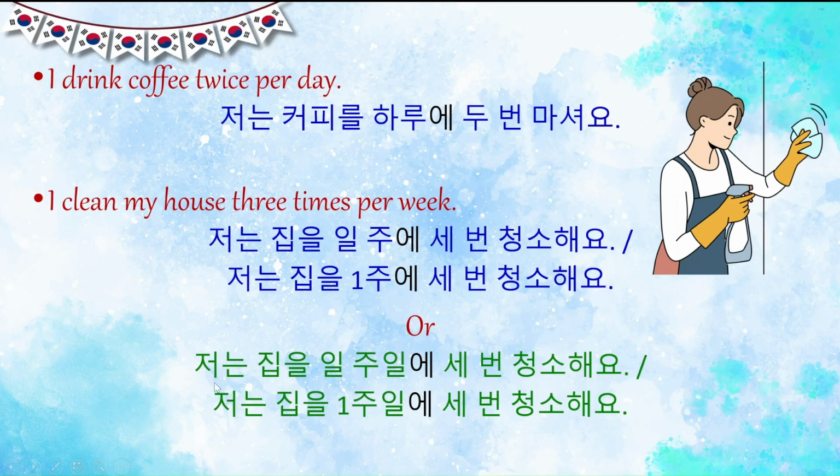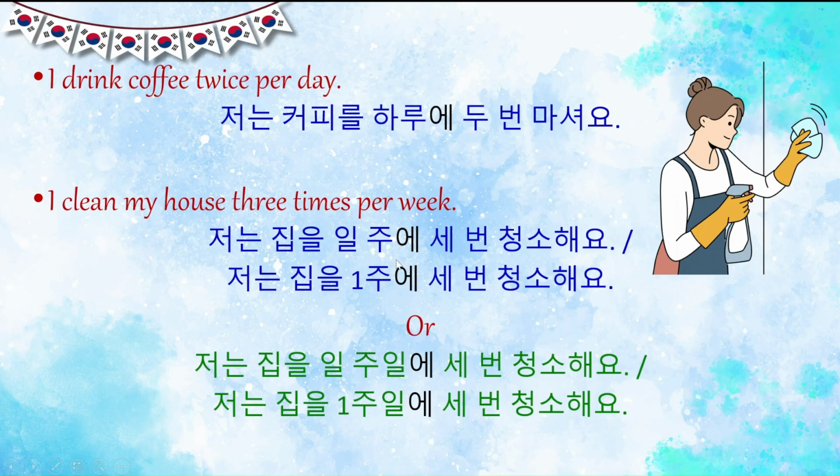And another way to say this sentence is 저는 집을 일주일에 3번 청소해요. Here, I is 저는, house is 집, to clean, 청소하다, present tense, 청소해요. Now, you have to say 3 times per week.